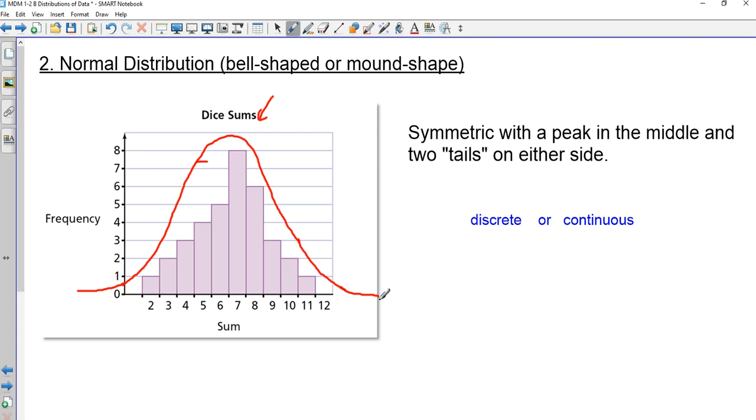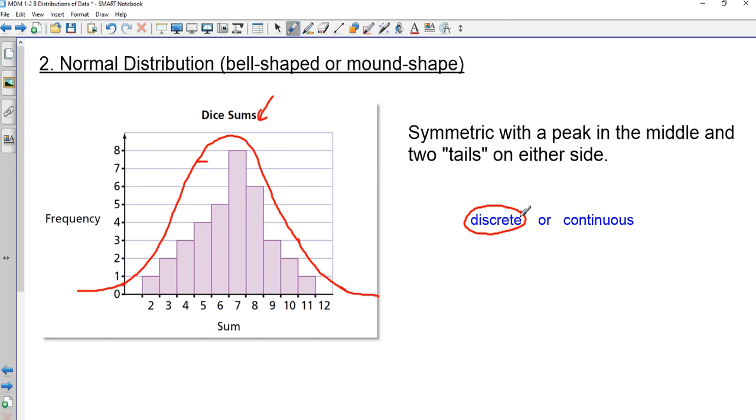What are they graphing here? They're graphing dice sums. So it looks like what they've done is they've rolled two dice and they are adding the numbers that show up on the two dice, and they're recording the frequency of how often each of those sums comes up. So this data is going to be discrete as well because it can only take on those specific values.